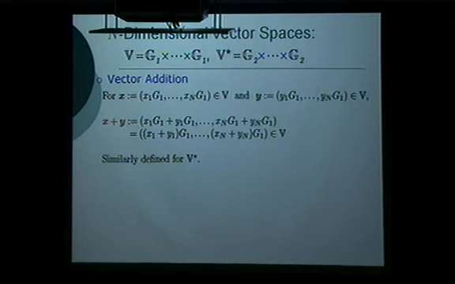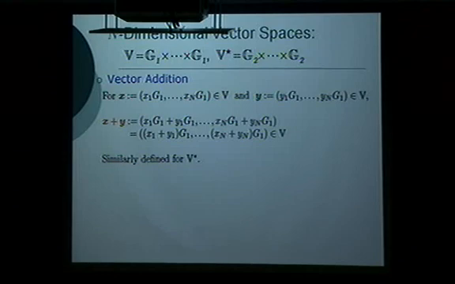So then, firstly, we can define a vector addition like this. So this is an element of V, and this is an element of V. Both are the same, two elements from the same group, same space. And addition is defined as element-wise addition.